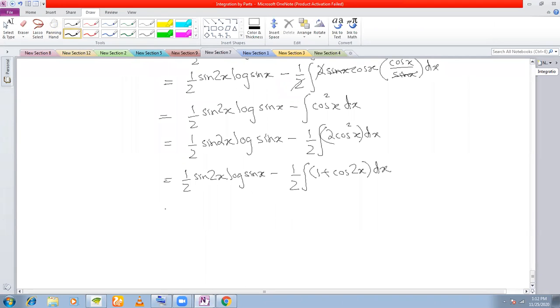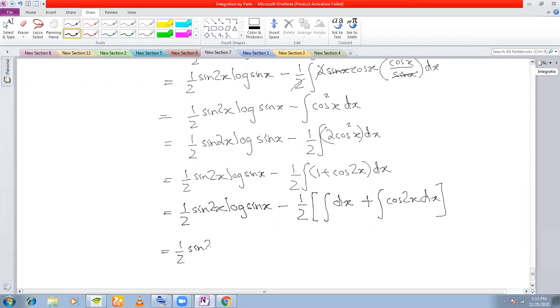If you distribute the integral, you get half sine 2x log sine x minus half, this becomes x plus half sine 2x plus c, right? So now we have evaluated the indefinite integral.